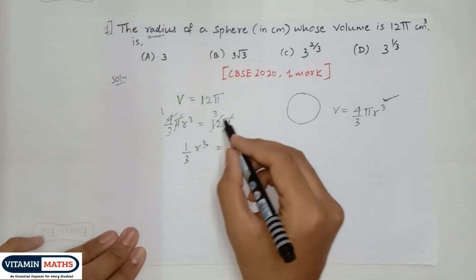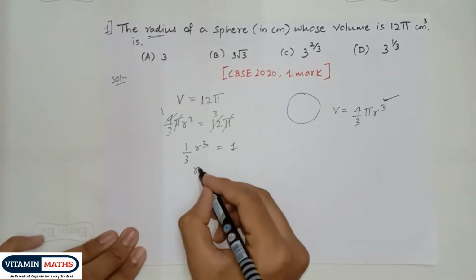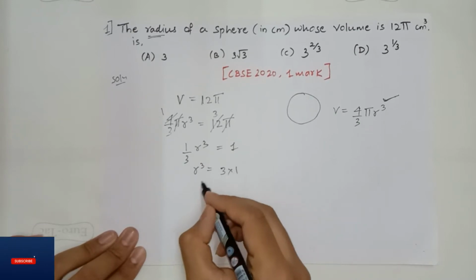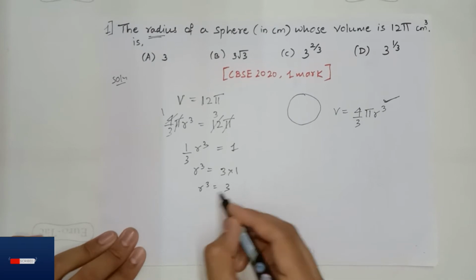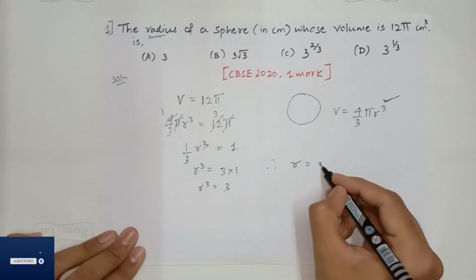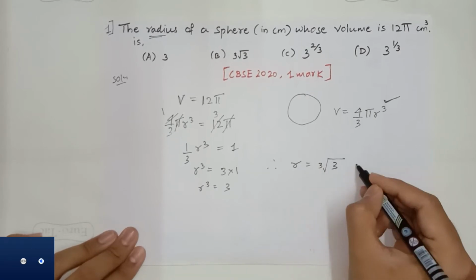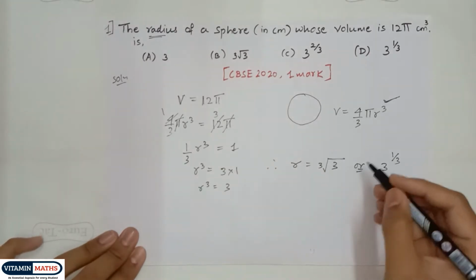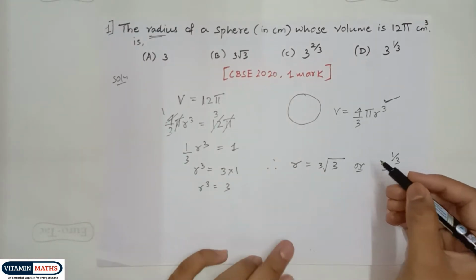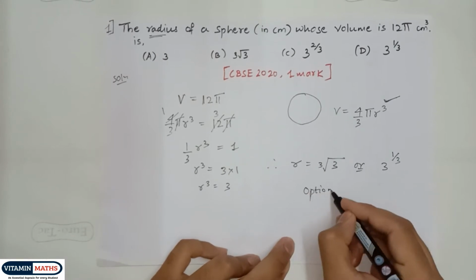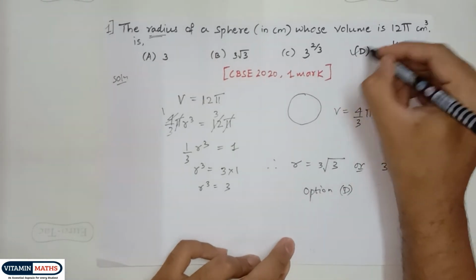So r cube is equal to 3 into 1, so r cube is equal to 3. Therefore r is equal to cube root of 3, or 3 raised to 1 by 3. So which answer are you having? Option D is our answer.